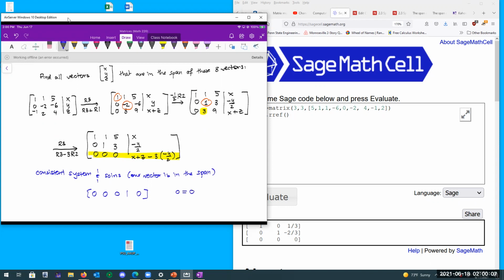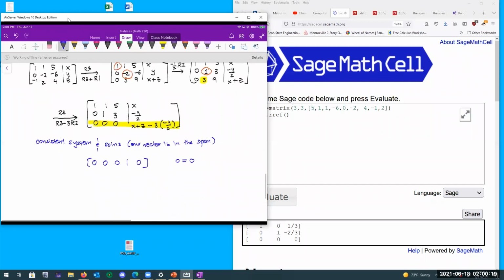If this right-hand side is equal to anything other than 0, our vector won't be in the span. It won't be a consistent system. So we have a consistent system as long as x plus z minus 3 times negative y over 2 is equal to 0. So a row of all zeros. That means we can express this as x plus z plus 3 halves y equals 0.